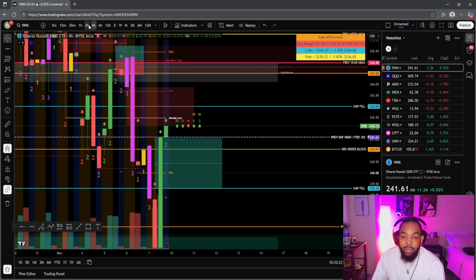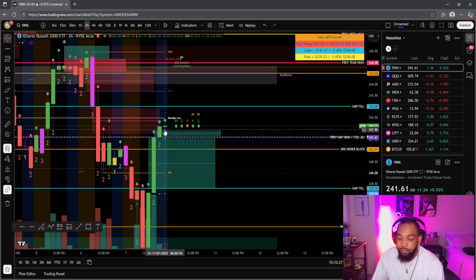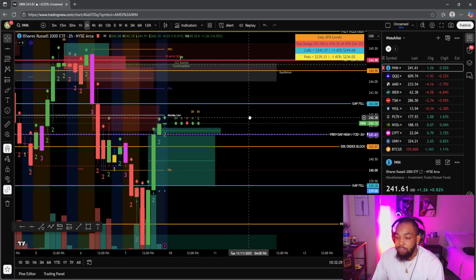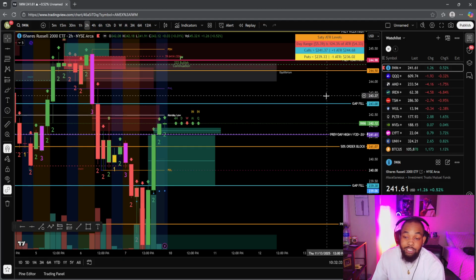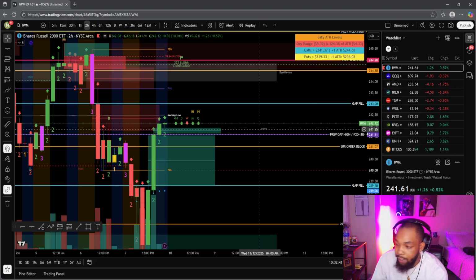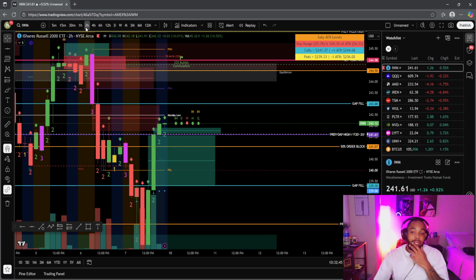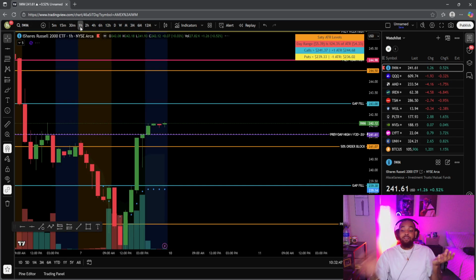Let's keep working our way down to the 2-hour time frame. Not really nothing. Price is making its way up. It looked like price is already making its way to fill this gap here at 243. After what's going on post market Friday, it looked like price is going to fill this 243. Like I said, a lot of this stuff is gonna change overnight.